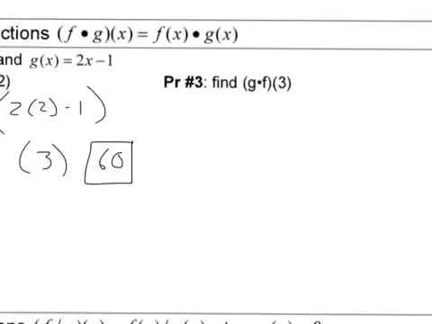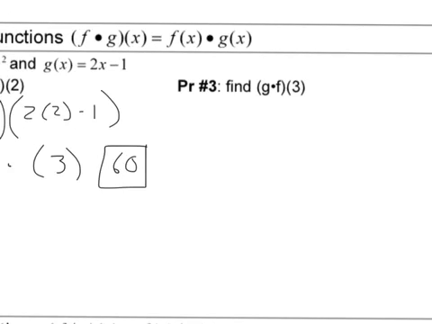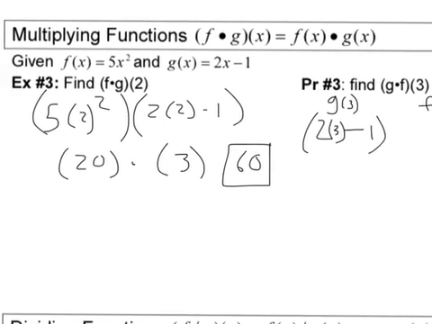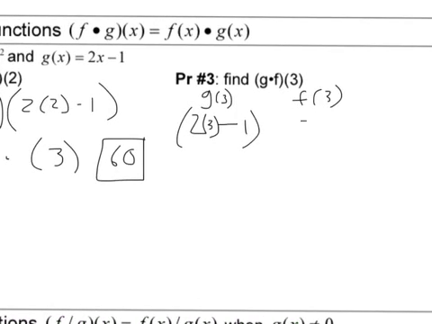Okay, now let's do g of f of 3. Well, we're going to plug in 3 for g. So that's going to be a 2 times 3 minus 1. Sorry, I wrote that a little bit out of order. So that's my g of 3. And what's f of 3? Well, that's 5x squared, so it's 5 times 3 squared.